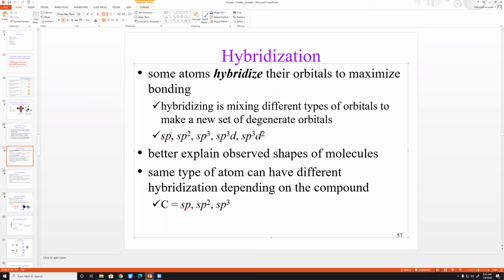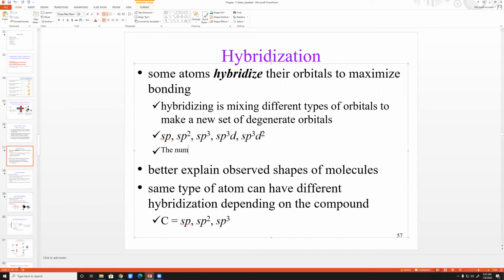So you have sp, sp2, sp3, sp3d, sp3d2. The easiest way is to just know the number of letters is the number of electron groups.